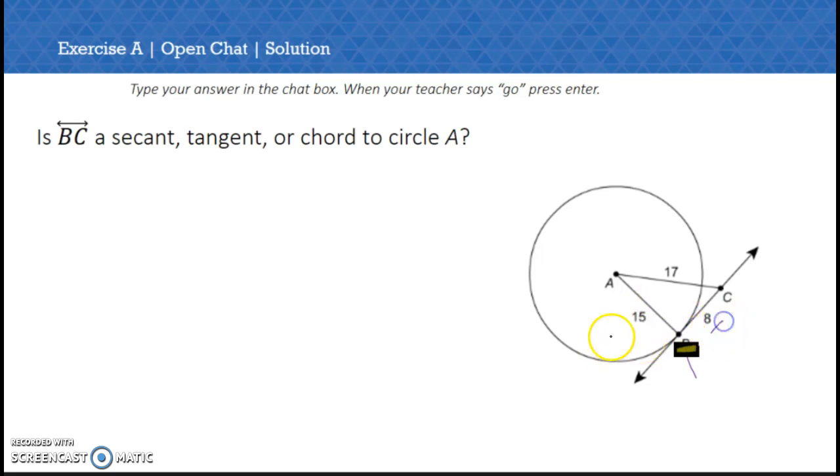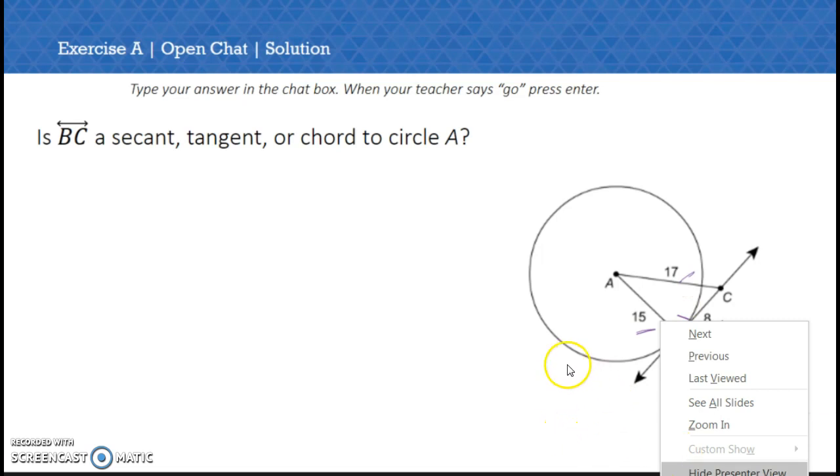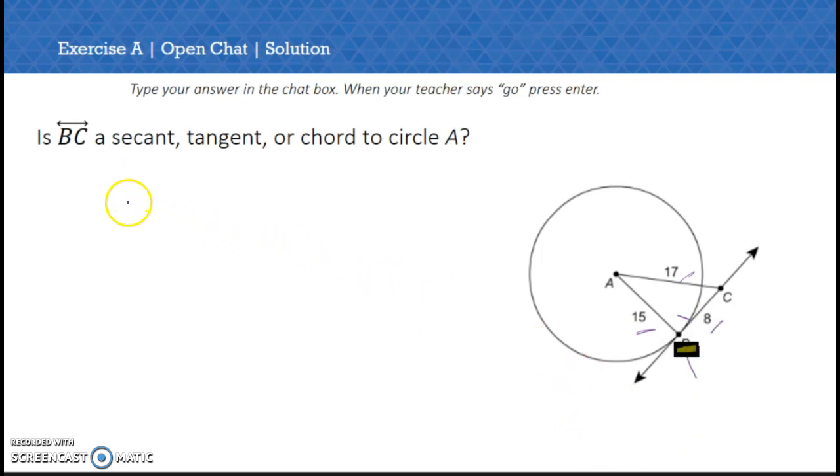We have 8, 15, and 17. In fact, those are all the sides of this triangle. If we could prove that triangle ABC is a right triangle, with a right angle there at angle ABC, then we could prove that it in fact is a right angle at ABC. And that's what we're going to do.